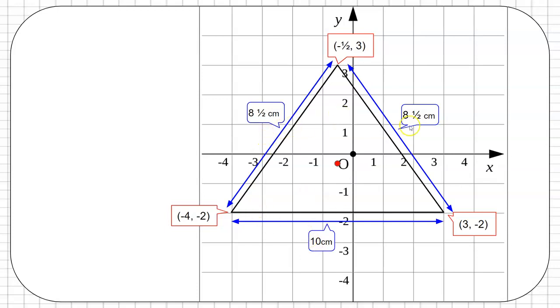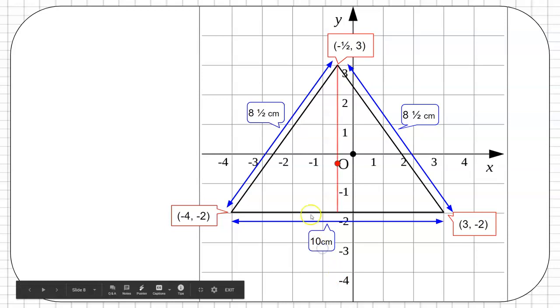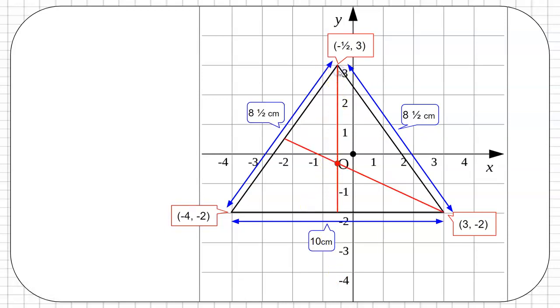We can see that these are 8.5 centimeters on each side and 10 centimeters. When we draw our medians in, we can see that they all intersect at this point right here, which would be negative 1/2, negative 1/3.